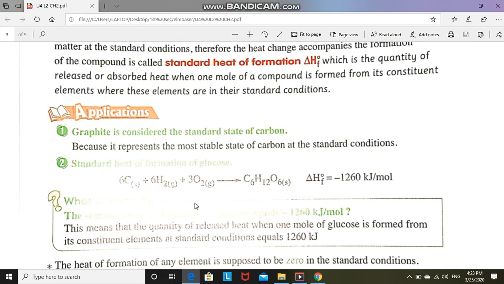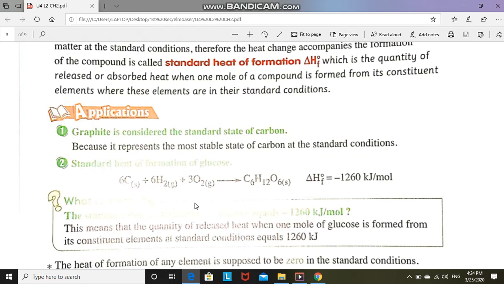Okay, we have a standard state for some elements. We have carbon. It takes 2 states. We have graphite and diamond. The standard state of carbon, we called it graphite. Why? As it is the most stable state of carbon at standard conditions.